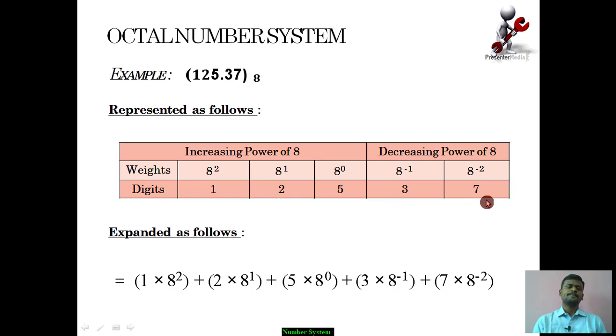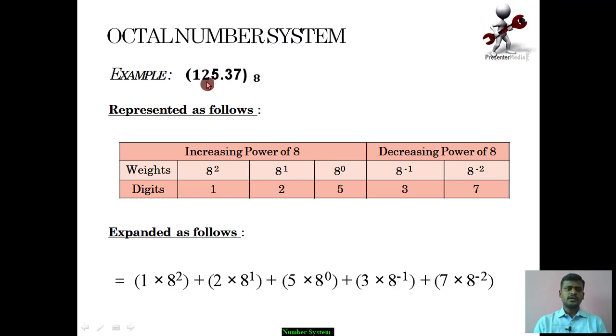Now we will assign the weights: for 5, 0; for 2, 1; for 1, 2. That is, for 5, 8 raised to 0; for 2, 8 raised to 1; for 1, 8 raised to 2.